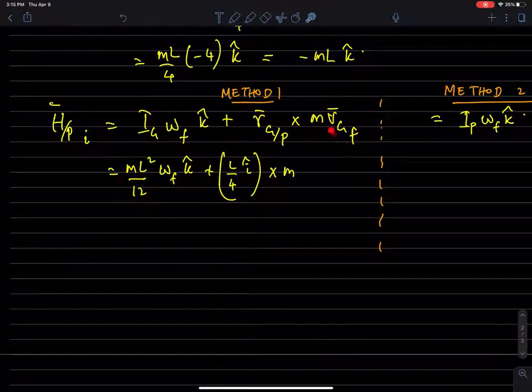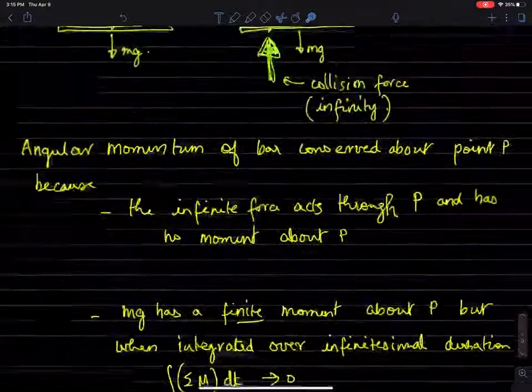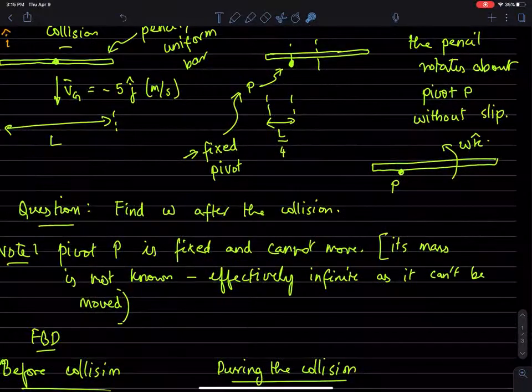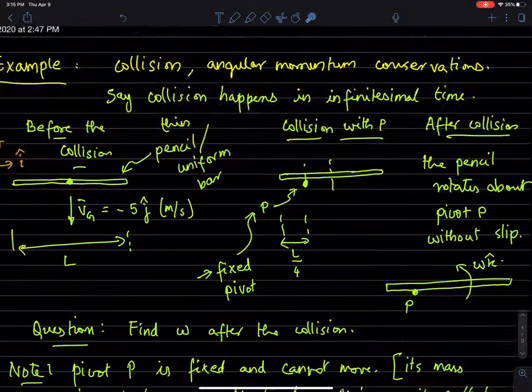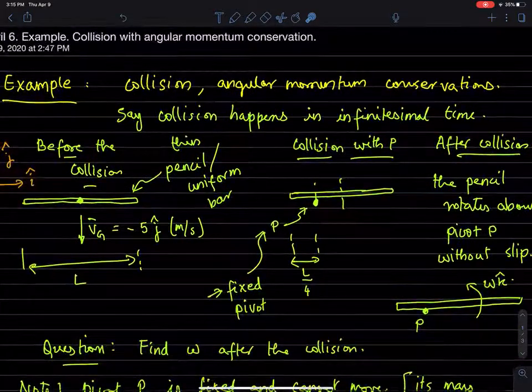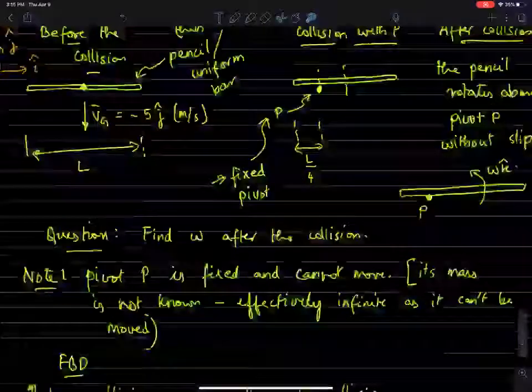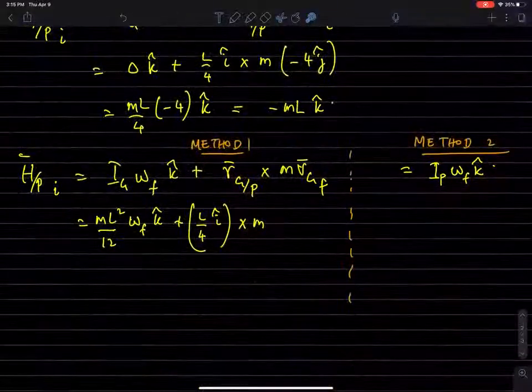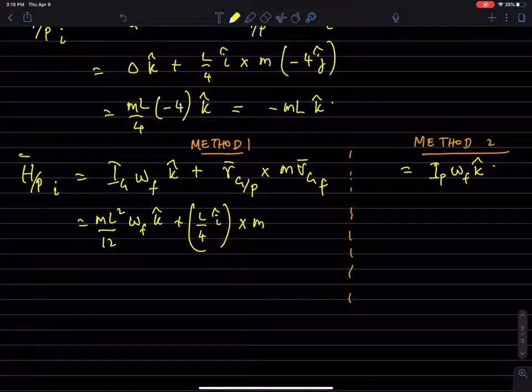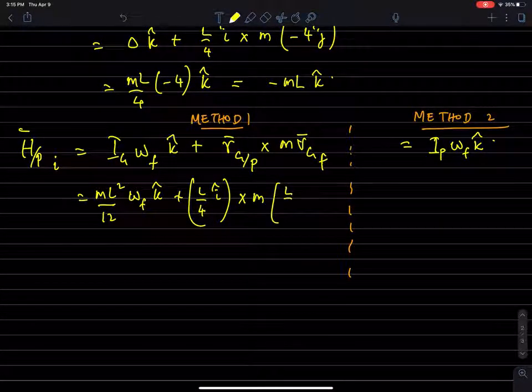What is vG final? If you have this bar rotate about this point with angular velocity omega, vG, this point, is going to be L over 4 times omega in the upward direction, right? So that's what that's going to be. That's because of the no-slip condition.